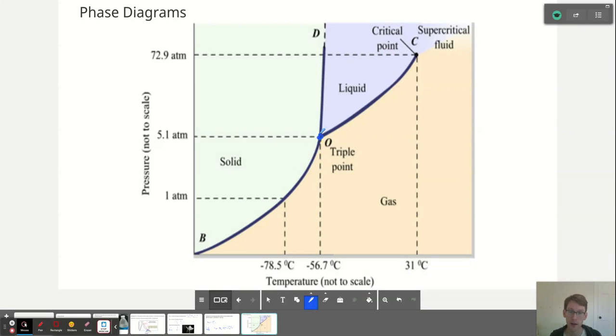If you get a little bit higher in pressure at pretty much the same temperature, you eliminate the gas from the equilibrium, and it's pretty much just solid and liquid at equilibrium. And you can keep reading this chart forever. There's a lot of data on here, but those are the important things that I'd like you to know.